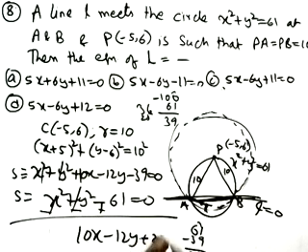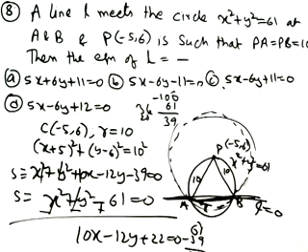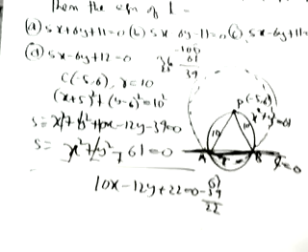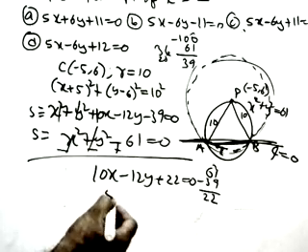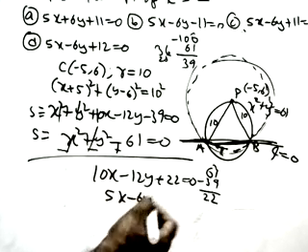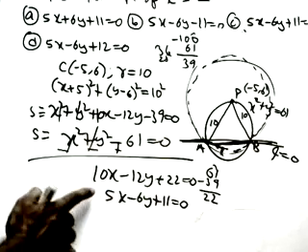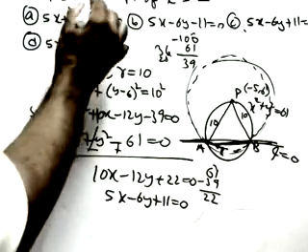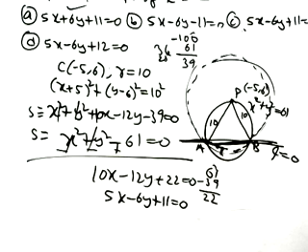So it will become 10x minus 12y plus 22 equals to 0. If you take 2 common, we get 5x minus 6y plus 11 equals to 0.